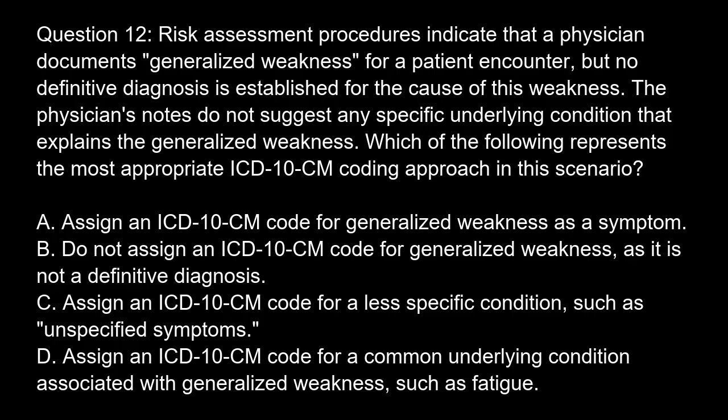Option A. Assign an ICD-10-CM code for generalized weakness as a symptom. Option B. Do not assign an ICD-10-CM code for generalized weakness, as it is not a definitive diagnosis. Option C. Assign an ICD-10-CM code for a less specific condition, such as unspecified symptoms. Option D. Assign an ICD-10-CM code for a common underlying condition associated with generalized weakness, such as fatigue.